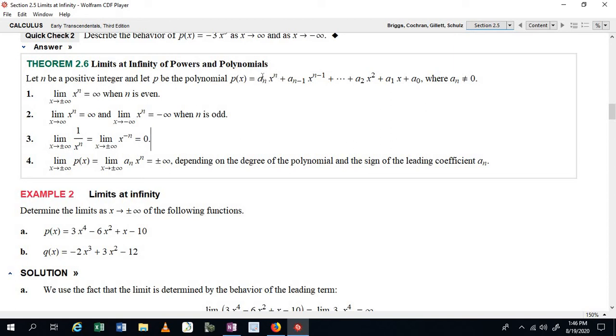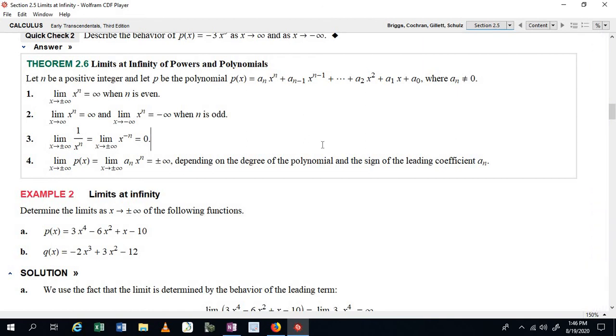And it's going to be so much larger at some point that you can almost ignore the other terms because they become insignificant compared to the magnitude of this leading term. And so if you want to find the limit of a polynomial as x heads towards infinity or negative infinity, what you really need to do is just focus in on the leading term and see what happens to the leading term as x heads towards infinity or negative infinity. And that's what this is telling us.